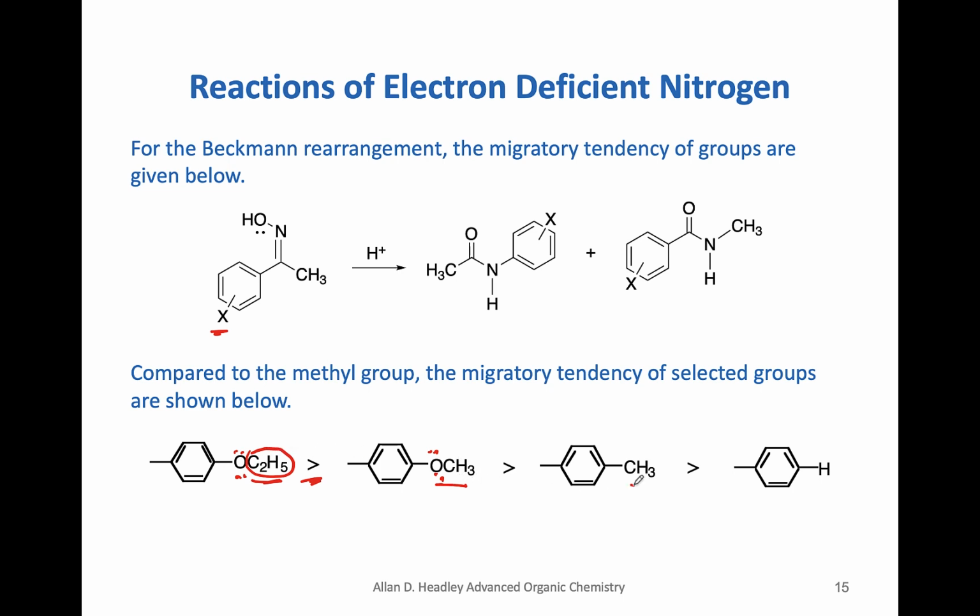Here we have just a methyl. Notice no oxygen to donate into the ring. So we just have an alkyl group donating electrons just based on its inductive capability into the ring. So this is not as good as this one, but better than hydrogen. And of course, if you have an electron withdrawing group, it would be even further down here.